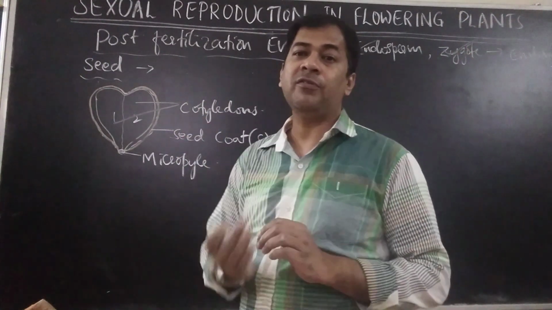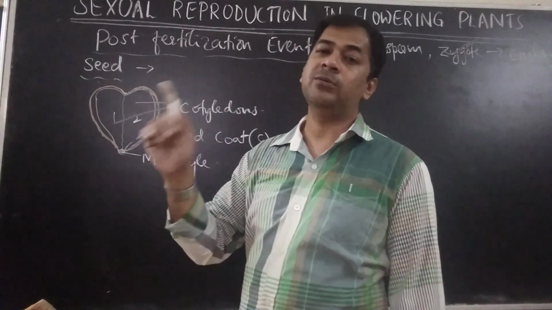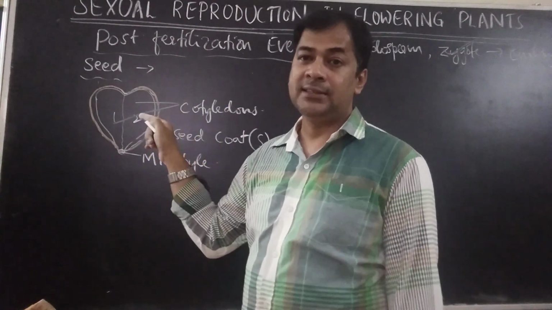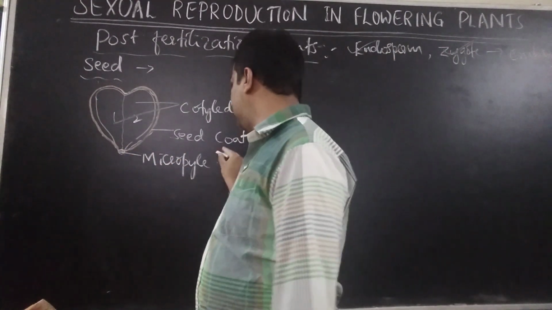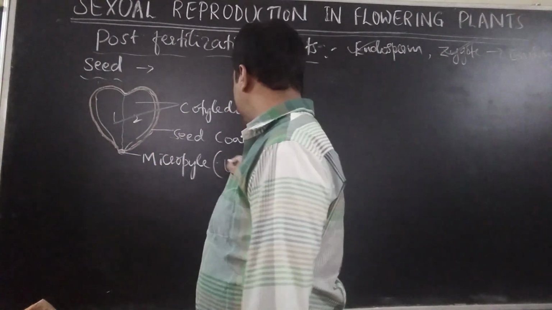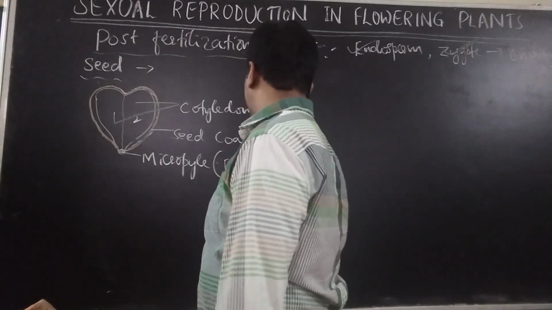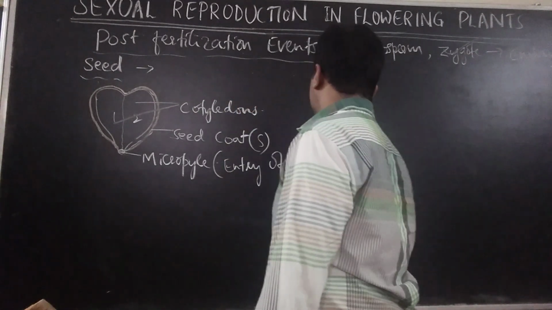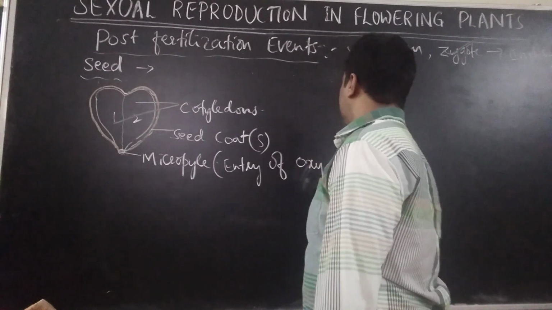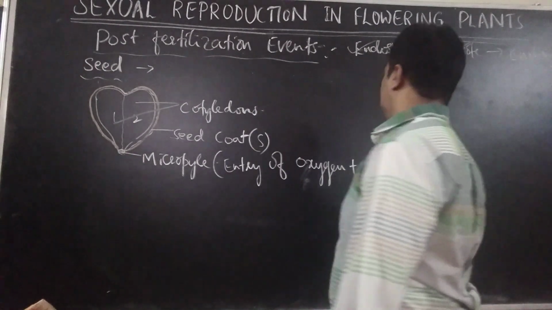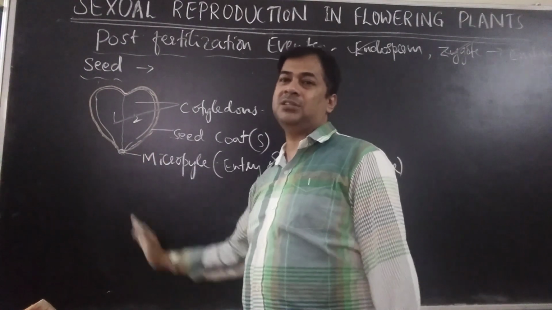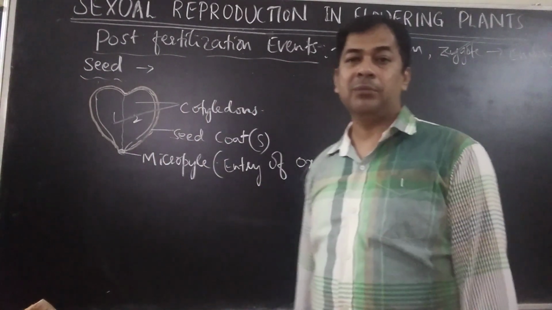For entry of oxygen and water into the seed during germination, that is why this micropyle is there. Water and oxygen should enter during germination of seeds.